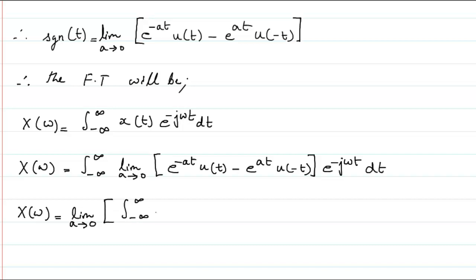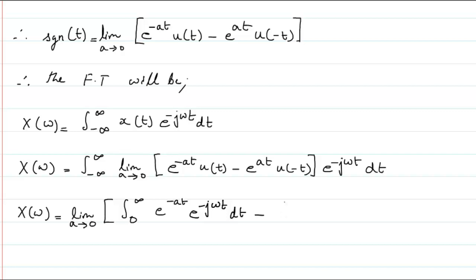Minus infinity to infinity e raised to power minus at u of t: u of t means it is as good as writing the integral from 0 to infinity, so I will avoid u of t, into e raised to power minus j omega t dt.